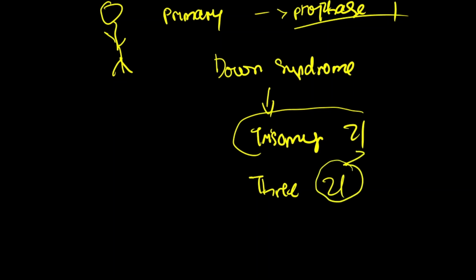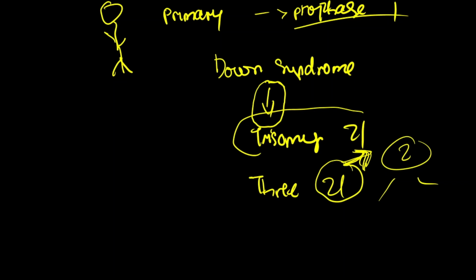Generally, a normal embryo would have just two chromosome 21, one from the paternal side and one from the maternal side. However, trisomy 21 occurs when there are three of this chromosome 21. This usually results in pregnancies at a much older age, because of the prolonged nature of the prophase 1.